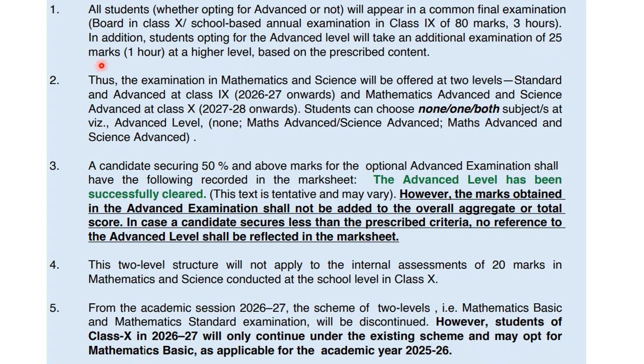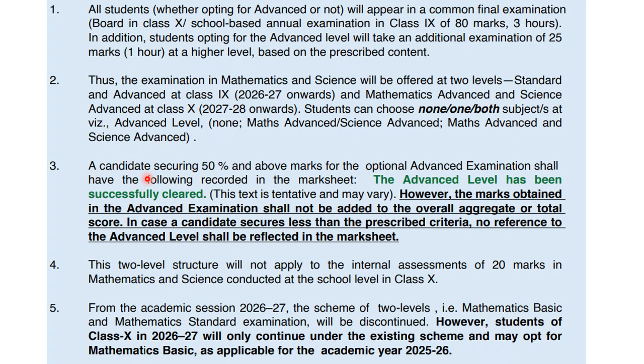Clear? Thus, the examination in math and science will be offered at 2 levels, standard and advanced, at class 9, 2026-27 onwards, and mathematics advanced and science advanced at class 10, 2027-28 onwards. Student can choose none or one or both subjects at advanced level. None means math advanced, science advanced, or math advanced and science advanced. Like that you can opt.